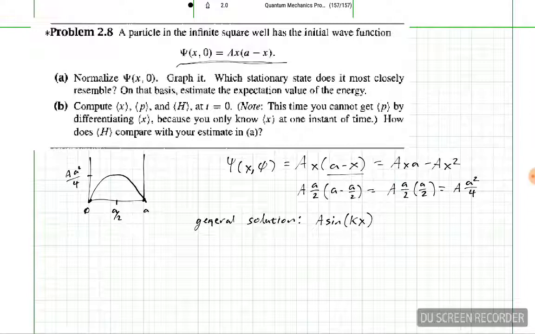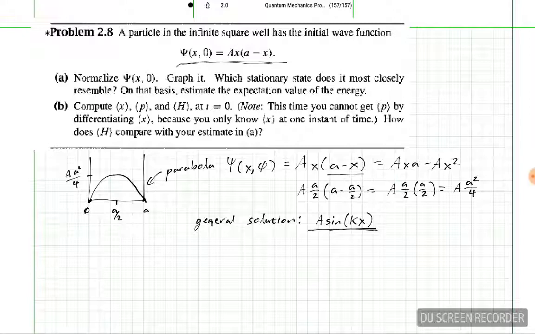So all the work that we did for our particles in the infinite square well still stands. That's just for all time not equal to 0. So this one started out as this shape, which is a parabola. And then as time progresses, it's going to turn into a sine wave.